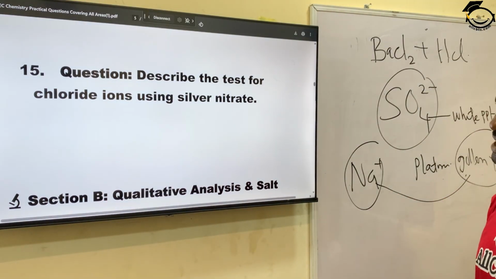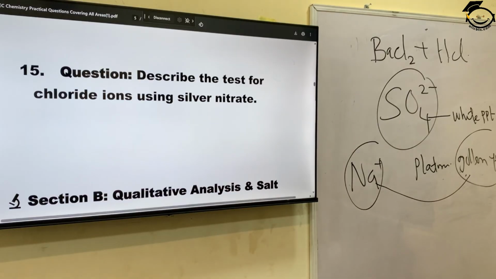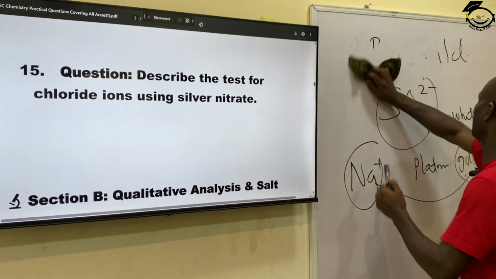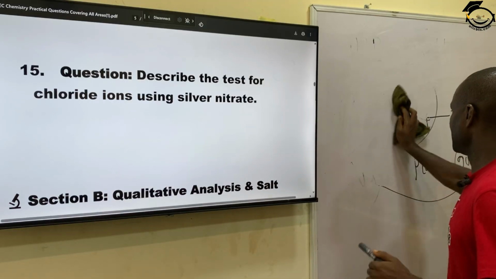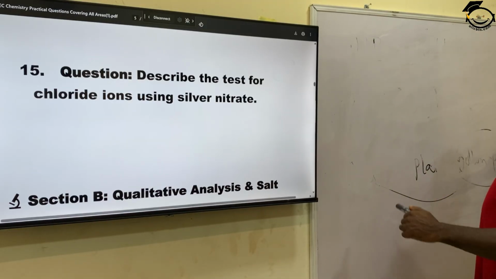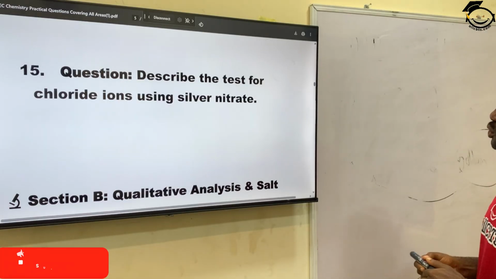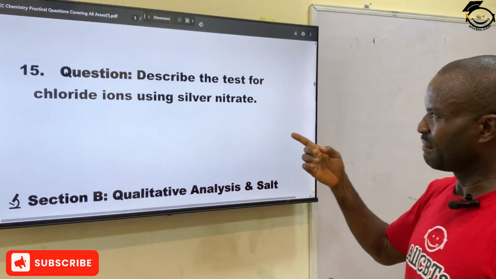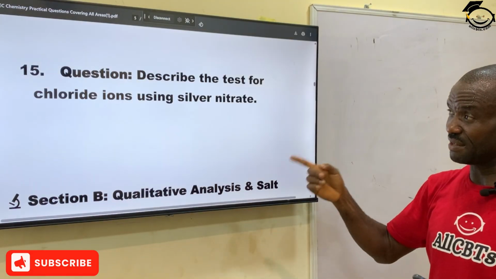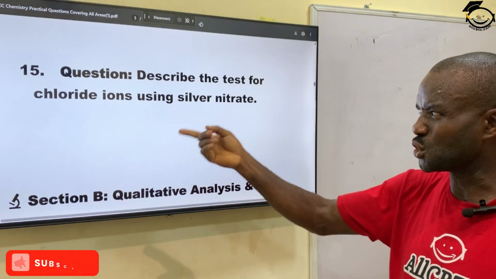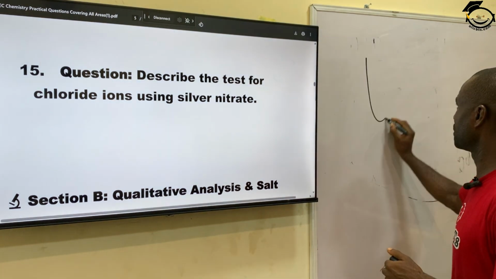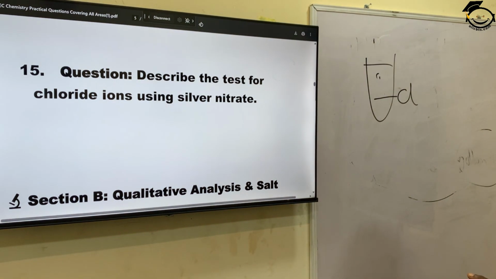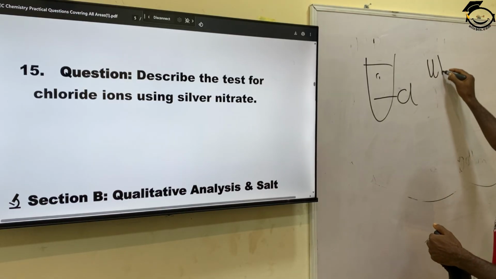Question 15. Describe a test for chloride ion using silver nitrate. We have said something like this before. Silver nitrate is a reagent used for identifying chloride. When you react silver nitrate with a solution of an unknown substance containing chloride, and you add a few drops of silver nitrate, you see a white precipitate.